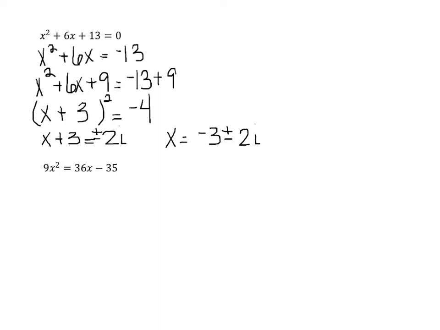The next equation, not written the way that we're used to having it written, but we can still work through this. What we'll do is we'll bring this term back over to this side.